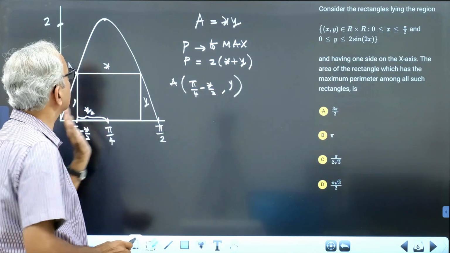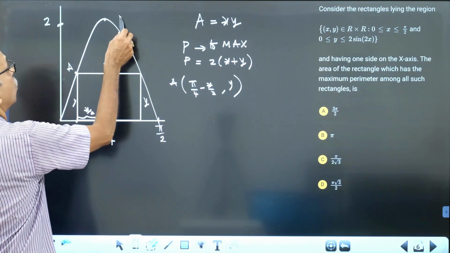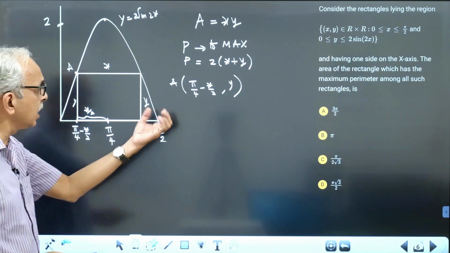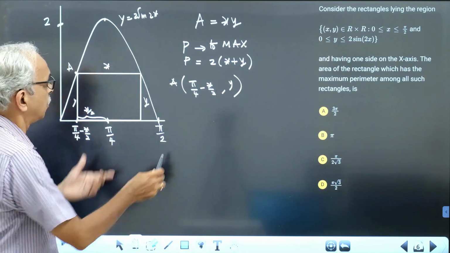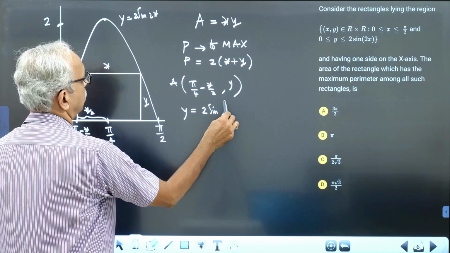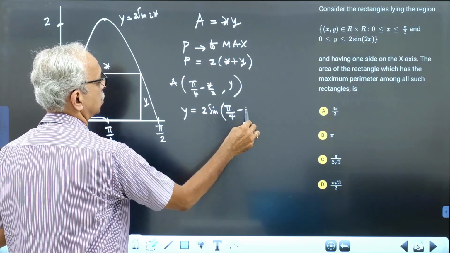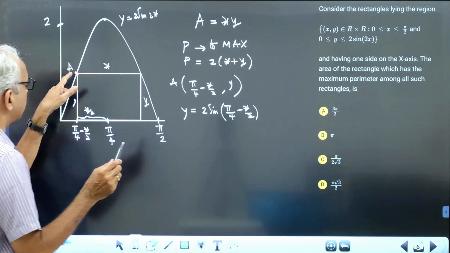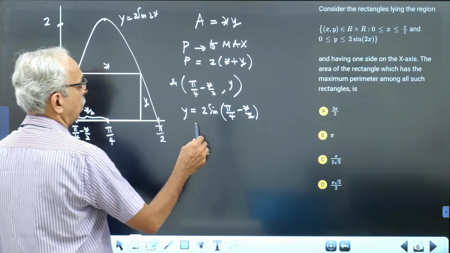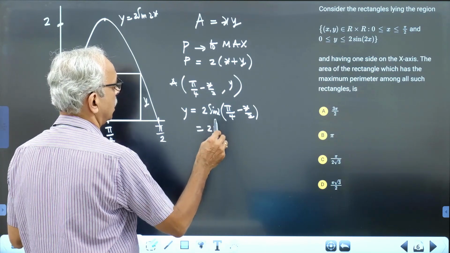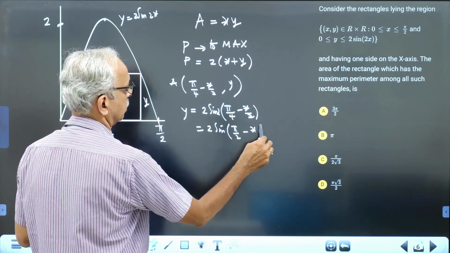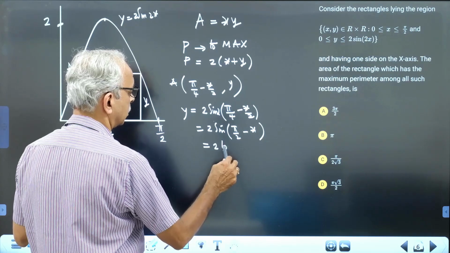And you know this point is a point on this curve. What is this curve? y equals 2 sin 2x. Therefore, you put x equals pi by 4 minus x by 2 in y. Therefore, what is the value of y? y equals 2 sin(pi by 2 minus x), or it is 2 cos x.